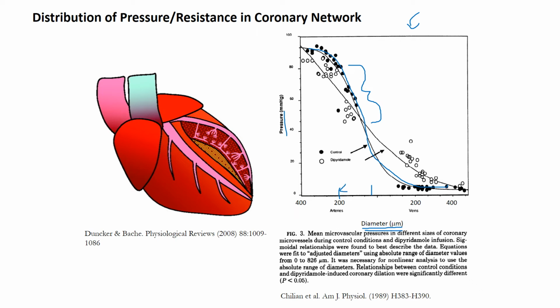So the large epicardial vessels, these ones that are on the epicardial surface here, are on the order of millimeters in diameter. The small vessels where the pressure drop happens are the ones that are embedded in the tissue. Those smaller arterioles are called resistance vessels because that's where most of the pressure drop is happening. So understanding that helps us to understand something very important about coronary artery disease.